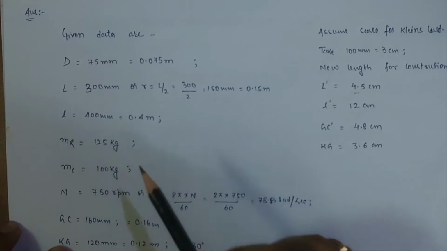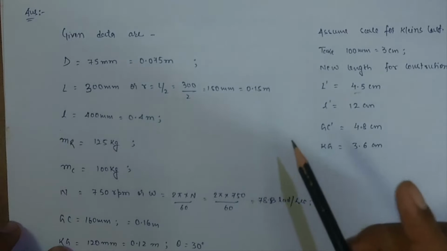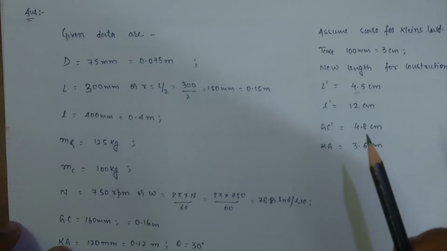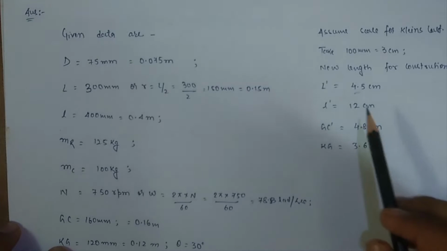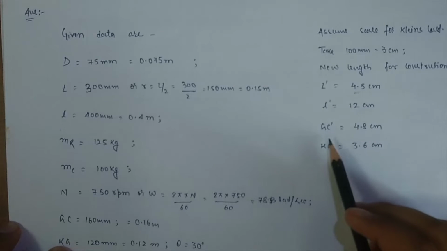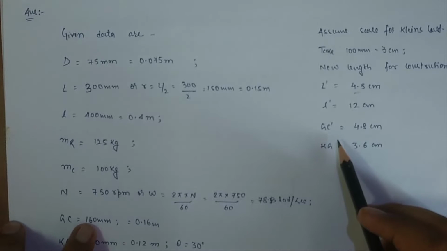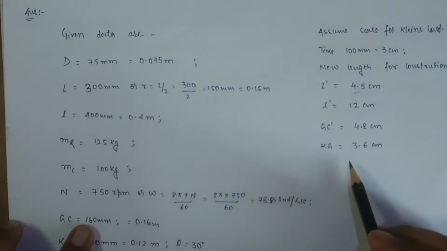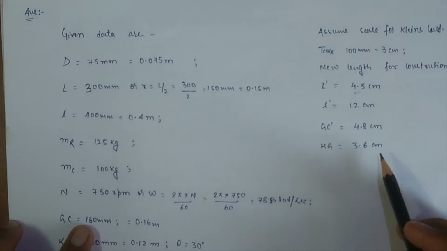And the small l, 400 mm, at 3 cm per 100 mm comes out to 3 into 4, that is 12 cm. Similarly, for GC dash, 160 mm comes out to be 4.8 cm, and kG comes out to be 3.6 cm.